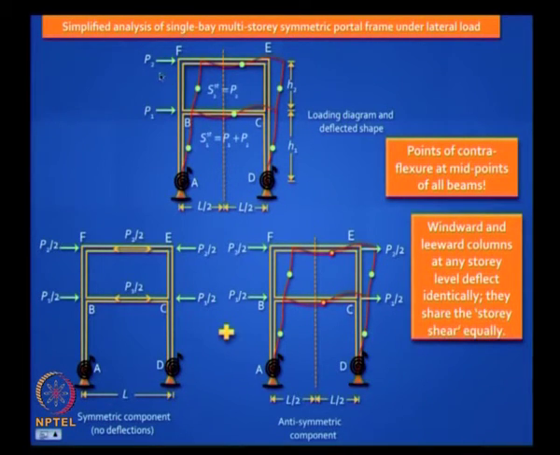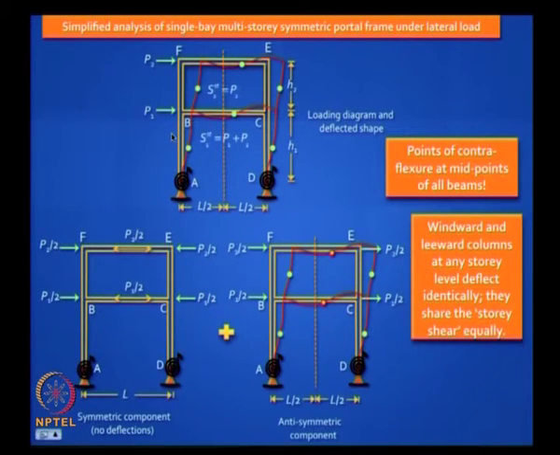So if your load here is P2, the story shear in the second story is P2. Now if I cut a section at the lower story, then the upper story is part of that section. What is my story shear? If I cut a section here, it will be P1 plus P2.